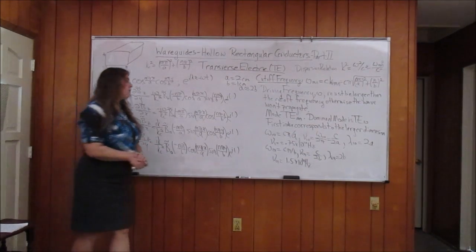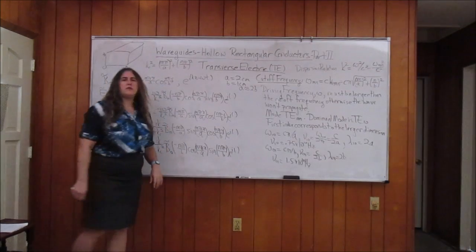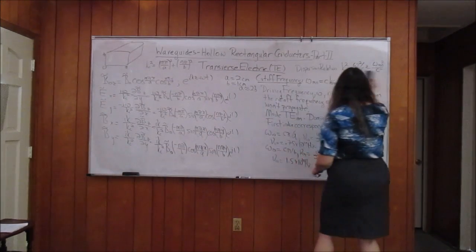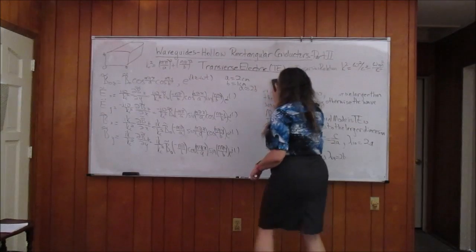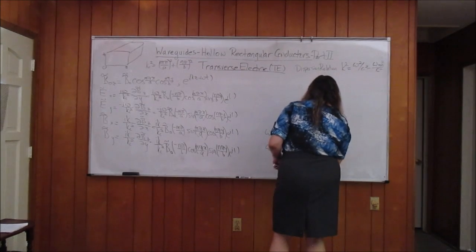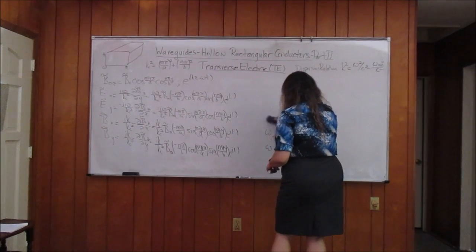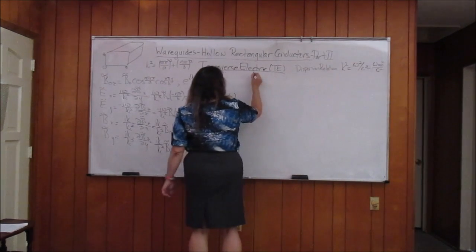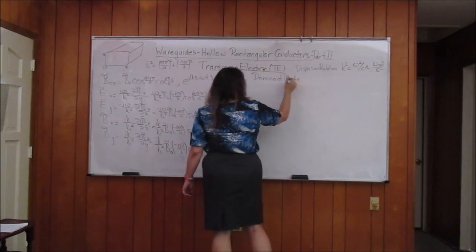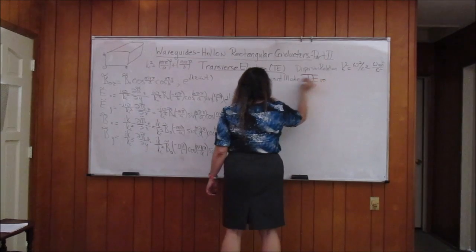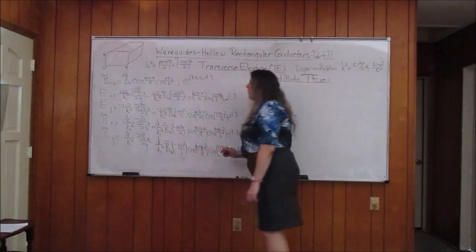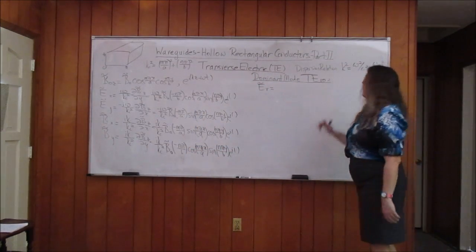And since we are talking about the dominant mode, I want to look at the components of the electric and magnetic field for the dominant mode. In this case, for the dominant mode, m is equal to 1, n is equal to 0.